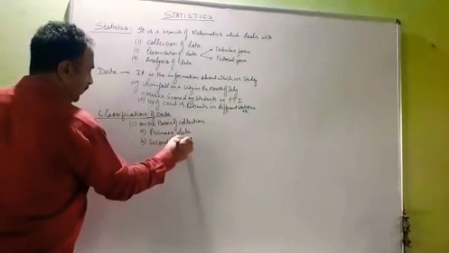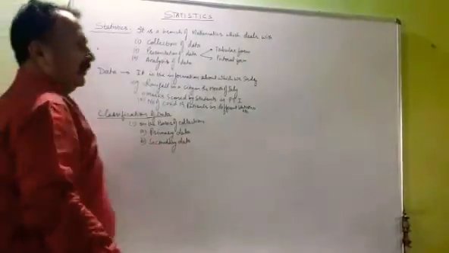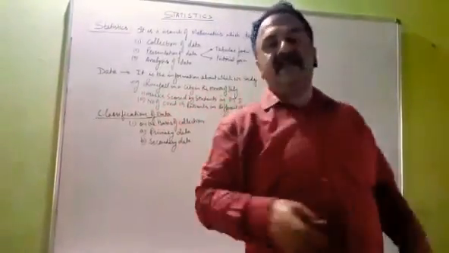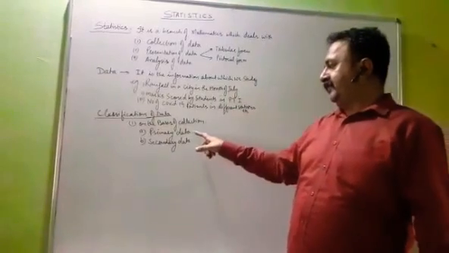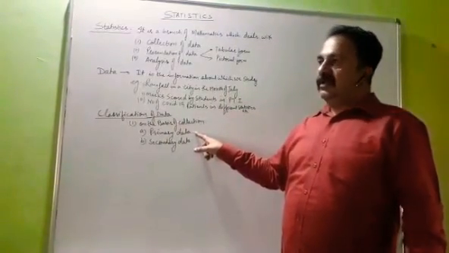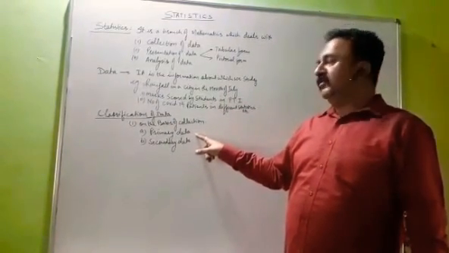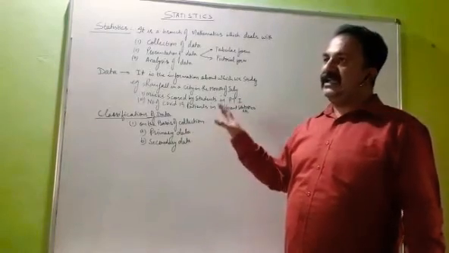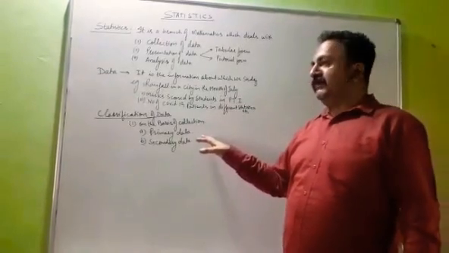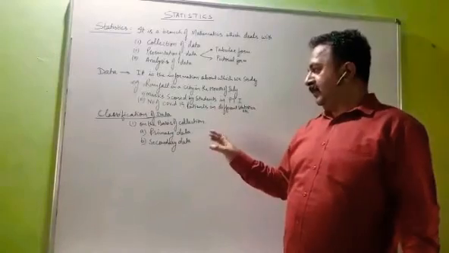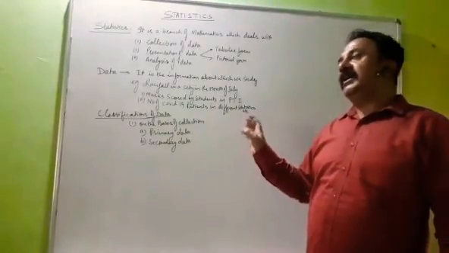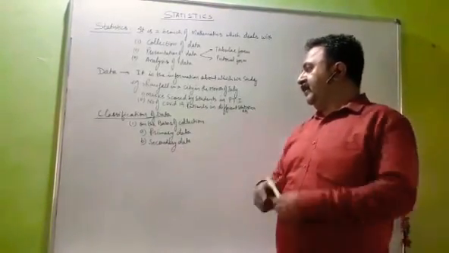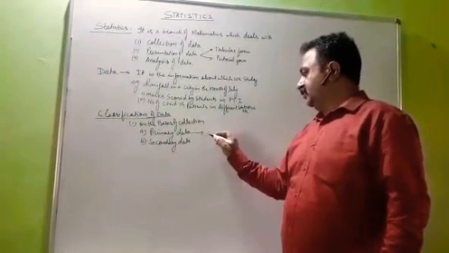Primary data is the information which is collected by the observer himself. If the observer is working on the data and he is collecting the information, then it is primary data for him or herself. Secondary data is borrowed from another source.